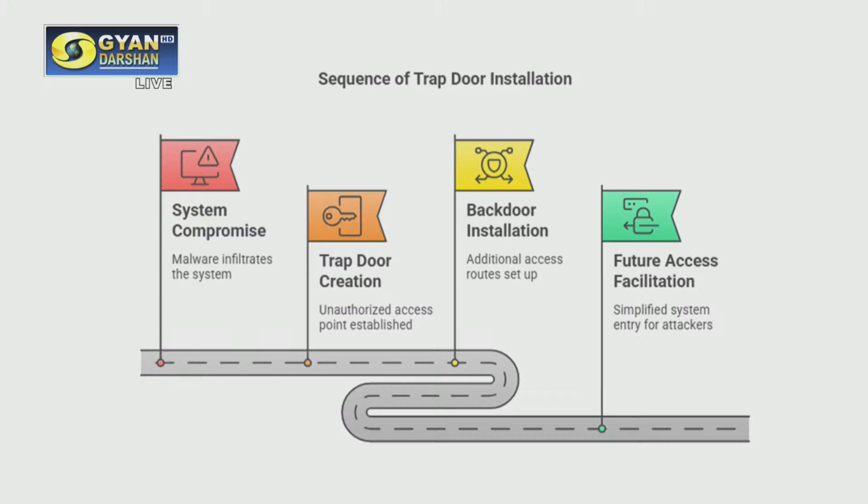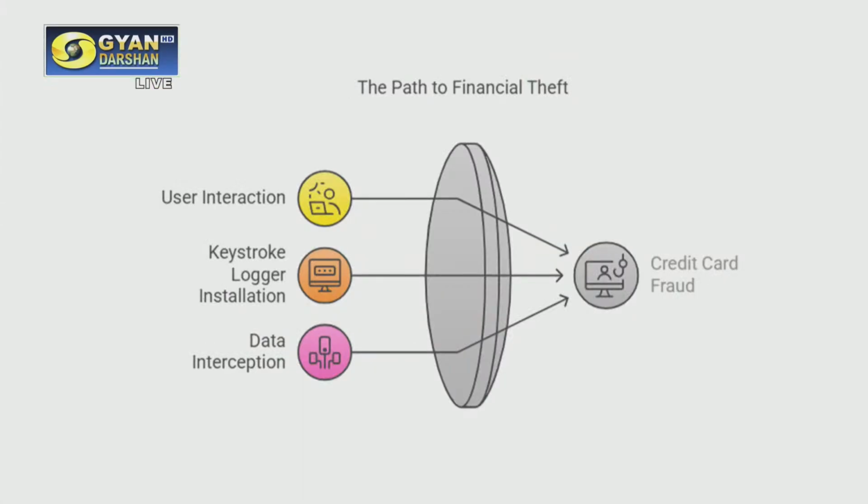So trapdoor is again a malware, and this is the process through which the malware installation actually works. The system is firstly compromised, and due to the installation of some malware software, a trapdoor is created, which leads to a backdoor, and as a result the data is being exchanged through the backdoor without your consent, without your knowledge, and you lose an ample amount of data.